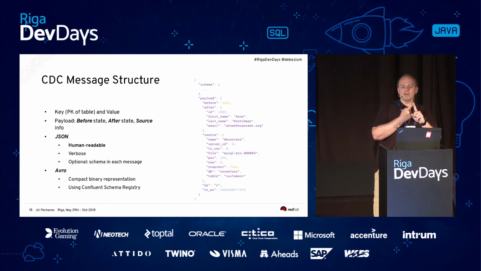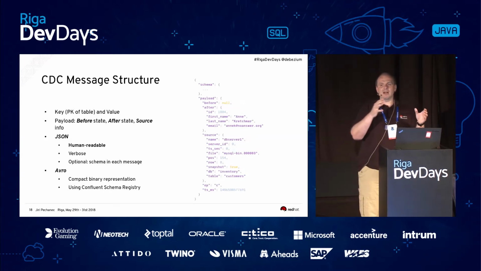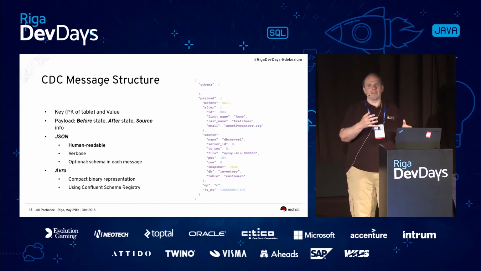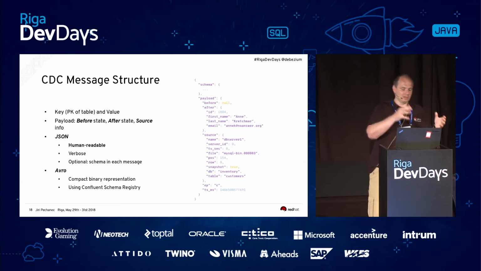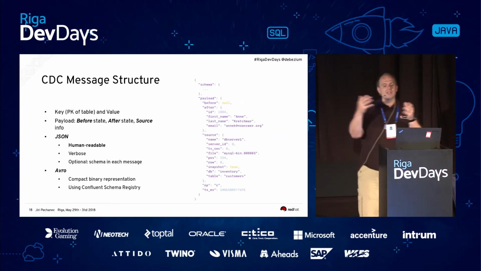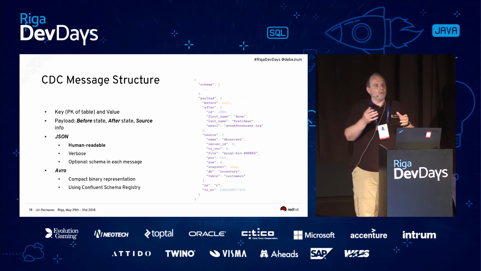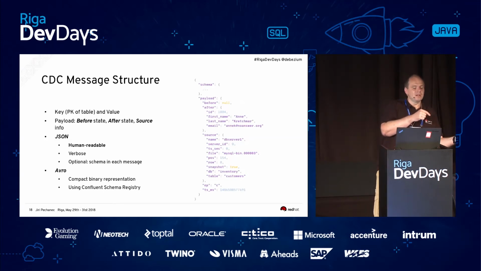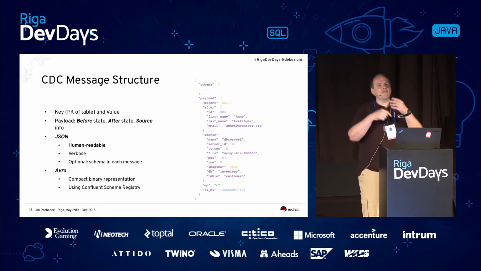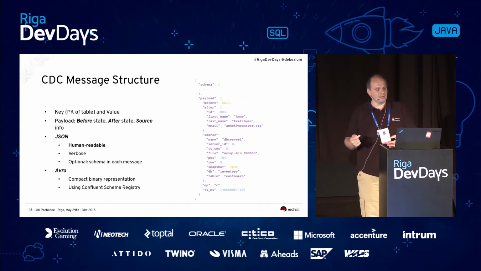The first one is the before state. The before state contains the data as it was stored in the database before the change was applied. So in case of an insert, before would be null. In case of an update, before would contain the data before we overwrote it with the updated data.